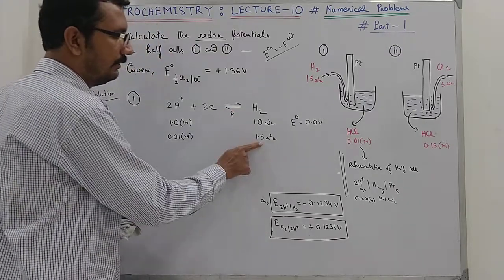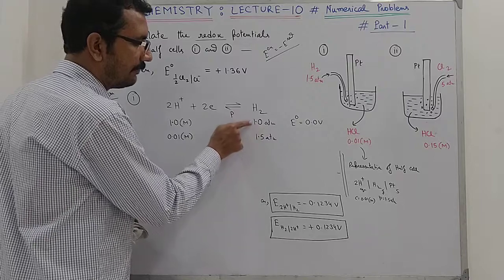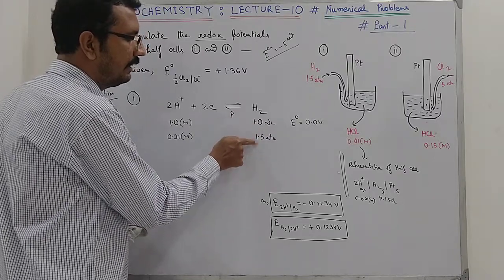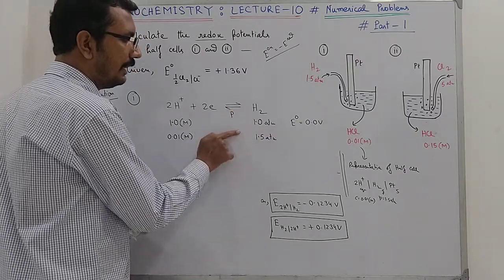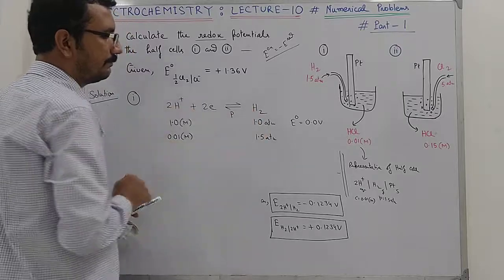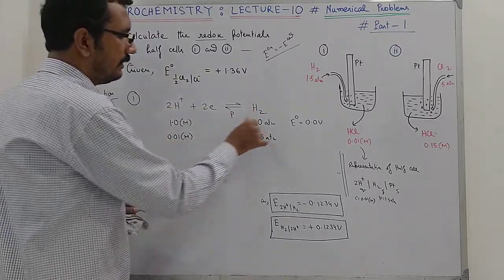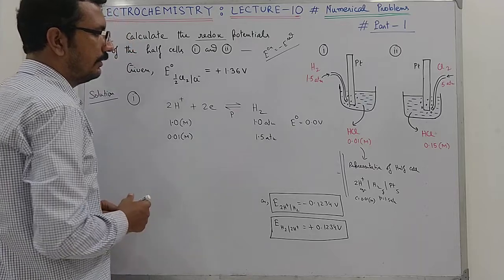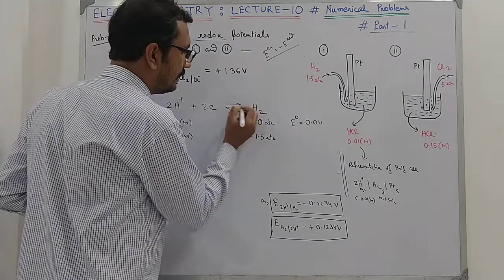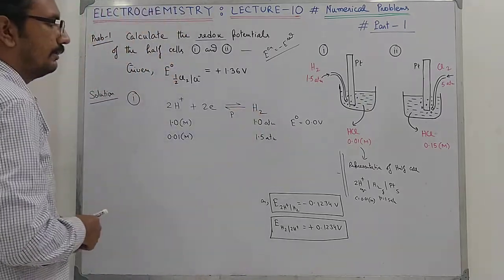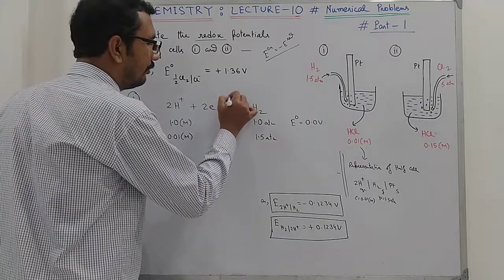With increasing pressure from 1 atm to 1.5 atm, tendency of oxidation will increase and we will have a boost in the oxidation part. So it will increase compared to the osmotic pressure.